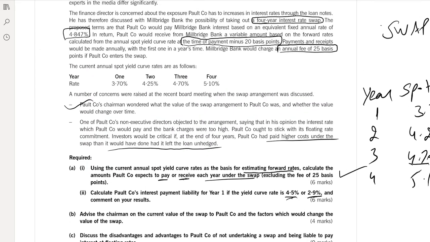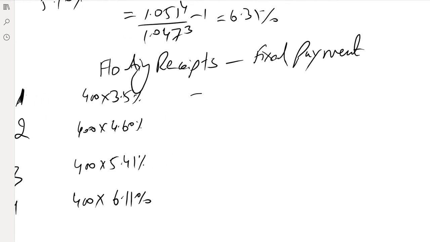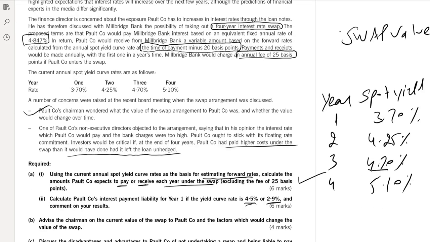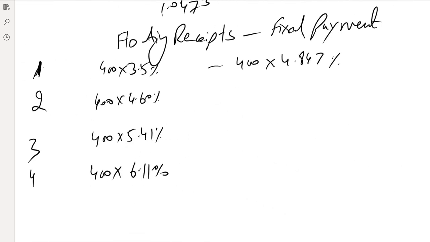And what about the fixed? Fixed payment is 4.847%. Let me check again. Yes, 4.847%. So let's calculate the amount. 400 into 3.5%. It's 14 million.